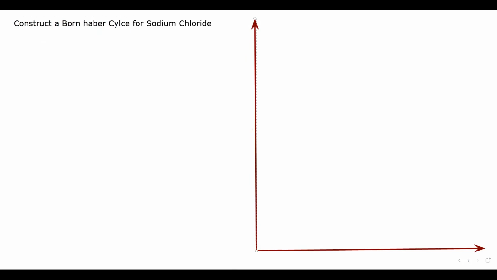So what should be the labels? There are 4 labels: element, atoms, ions, compound.